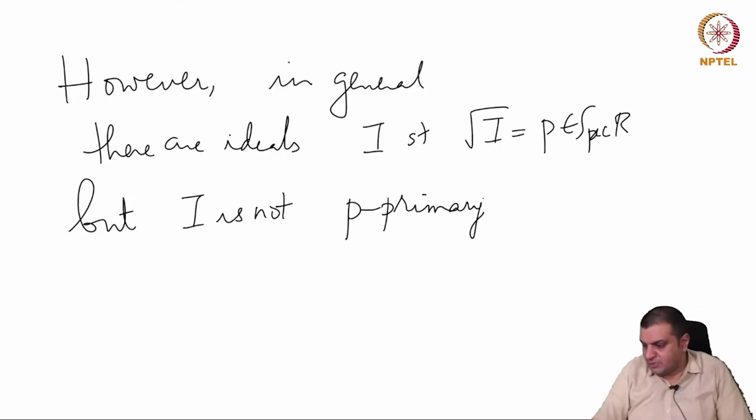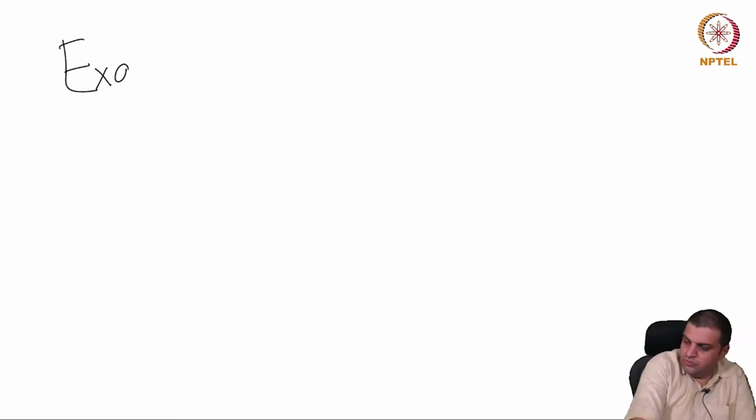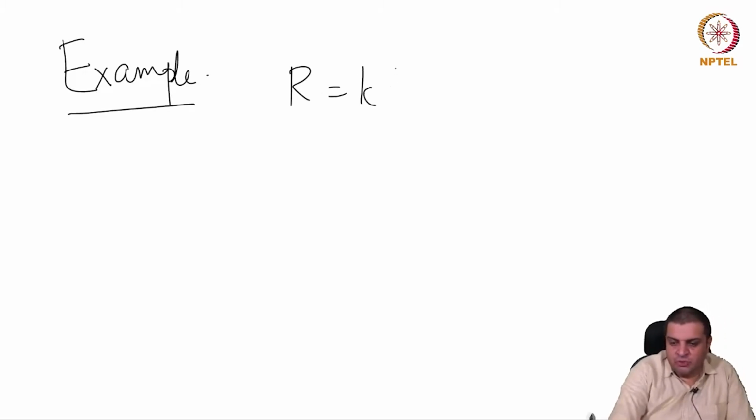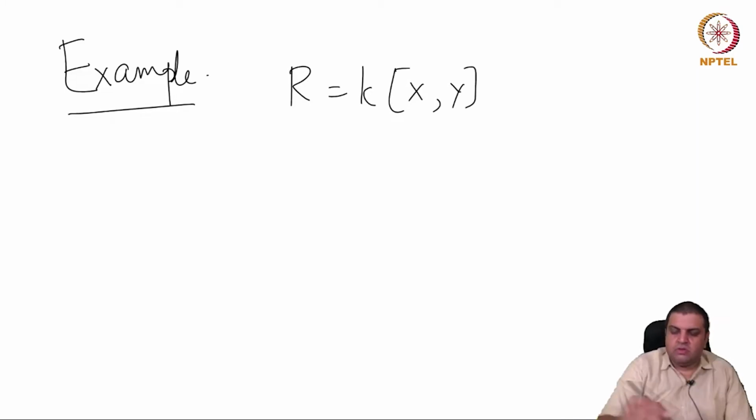Let's look at an example. Let R be the polynomial ring in two variables over a field K.